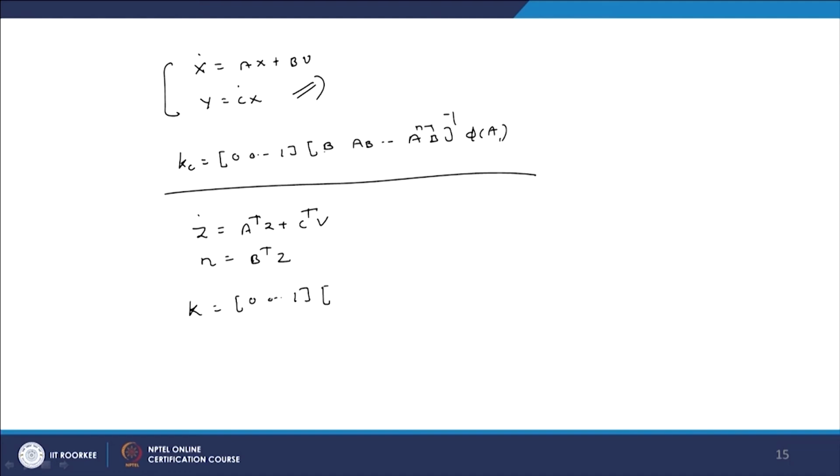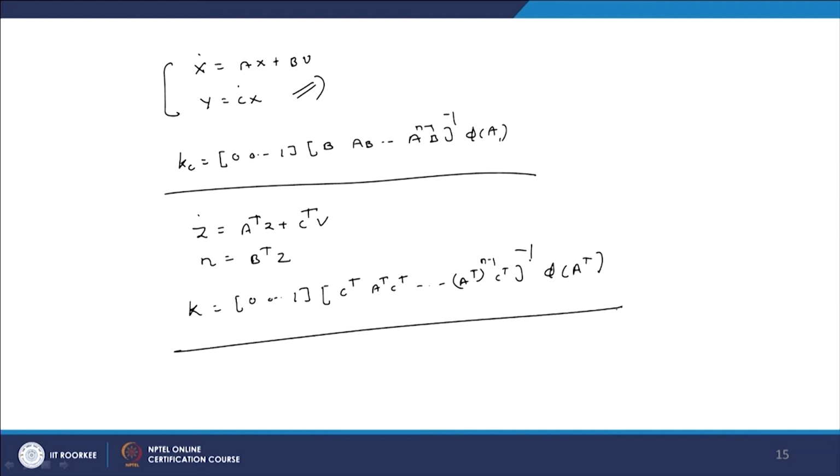So, B is changed to C transpose and A is changed to A transpose, so we will get C transpose, A transpose C transpose, up to A transpose raised to n minus 1 C transpose, inverse, into phi of A transpose.